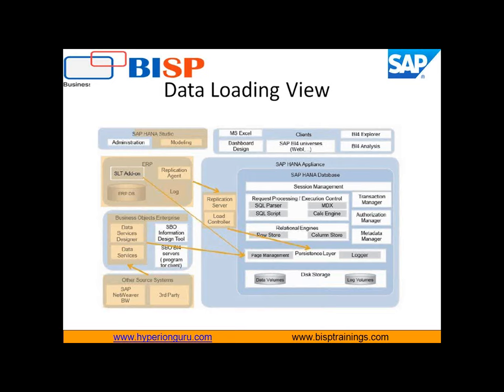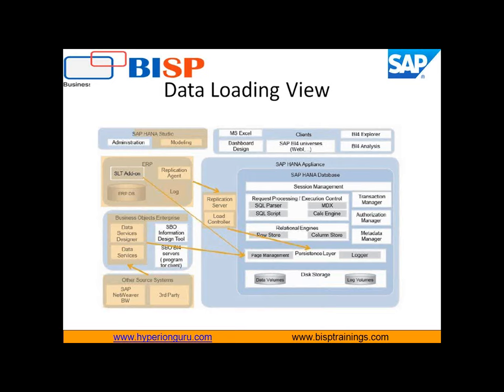Whatever we have discussed till now was the basic database view, how the requests will be coming and how things are going to be sent. Let us see the data loading view, what are the areas the system is going to work. If it is a data loading view, the request will come from the modeling, nothing but the HANA Studio.